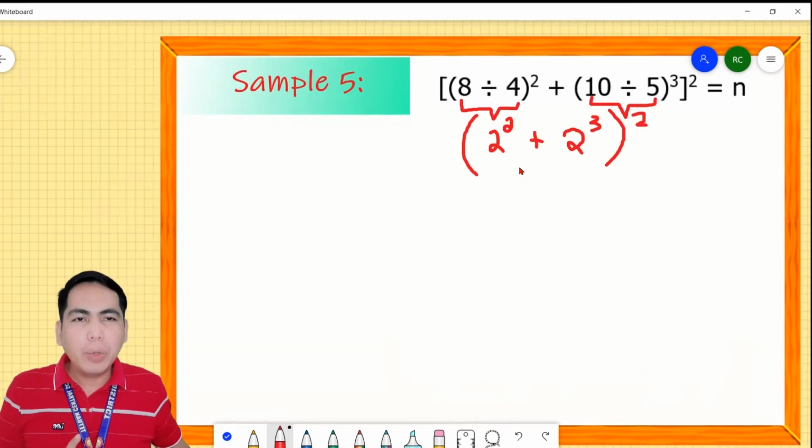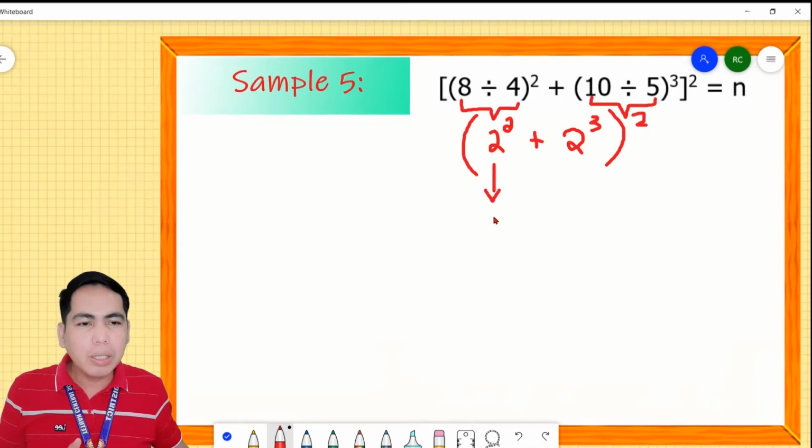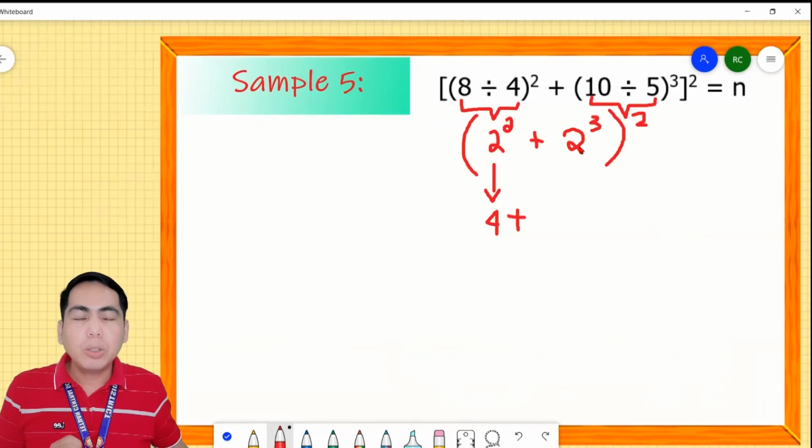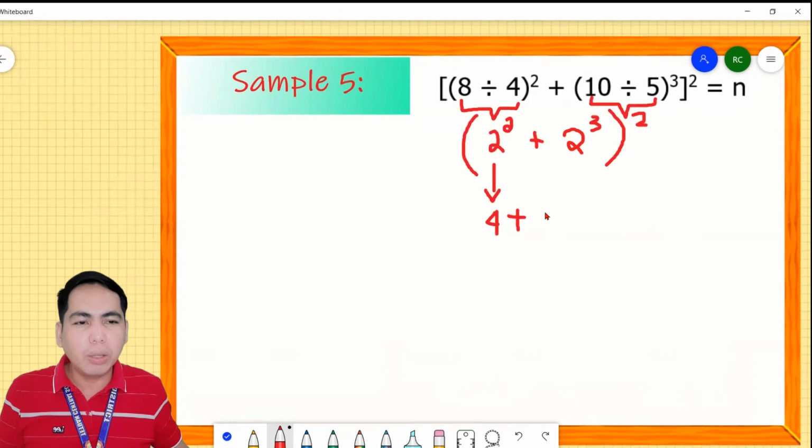After that, we have to do this exponent inside this parenthesis. 2 raised to the power of 2, that is equivalent to 2 times 2 to give us 4. Plus, this 2 raised to the power of 3 means that we have to multiply this 2 to itself 3 times. 2 times 2 is equal to 4 times 2 is equal to 8.